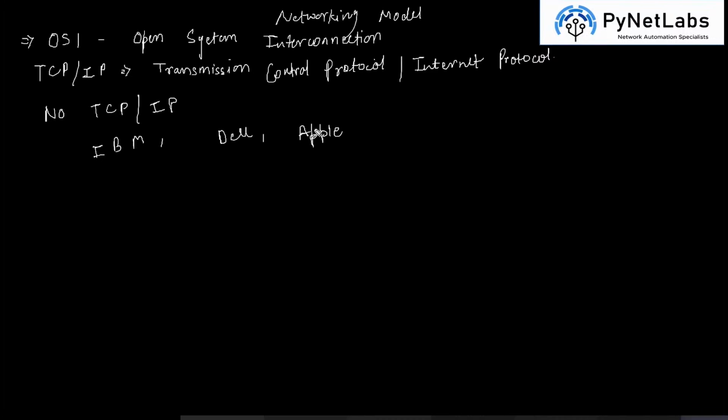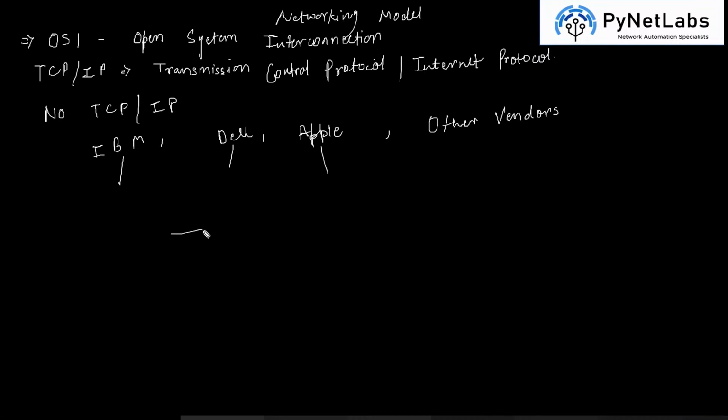What exactly used to happen was IBM had its own networking model and Dell had its own. Similarly, Apple had one, and the other vendors who used to manufacture PCs had their own networking model for their devices.